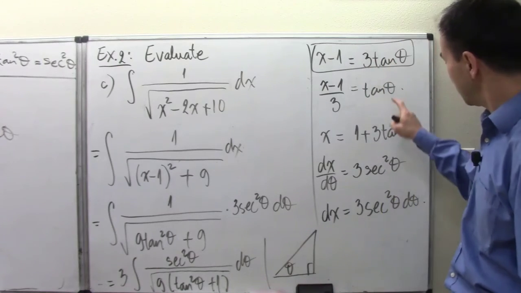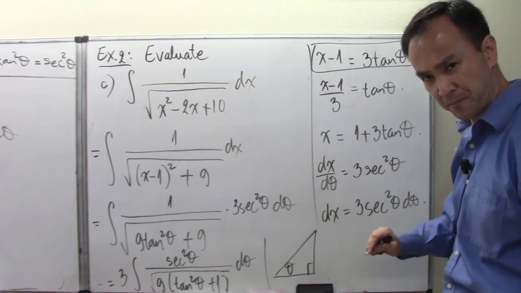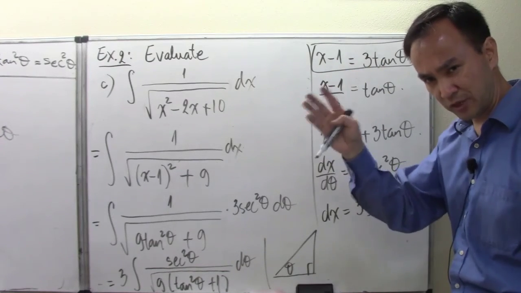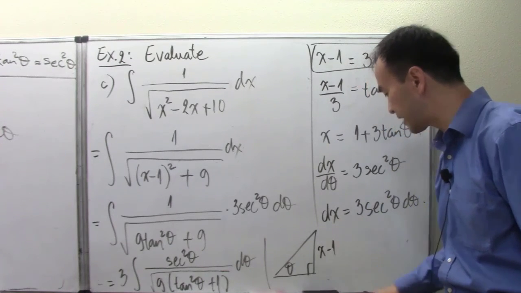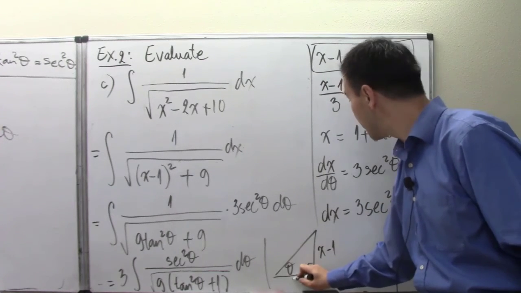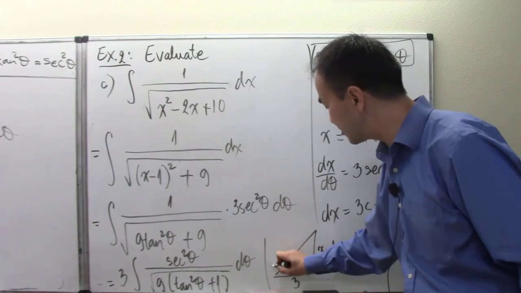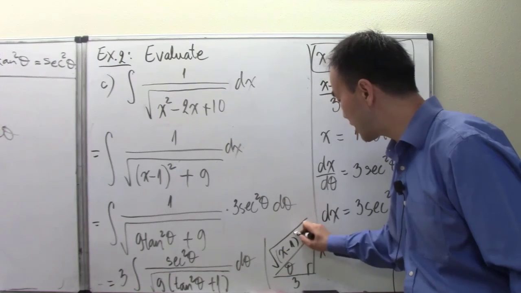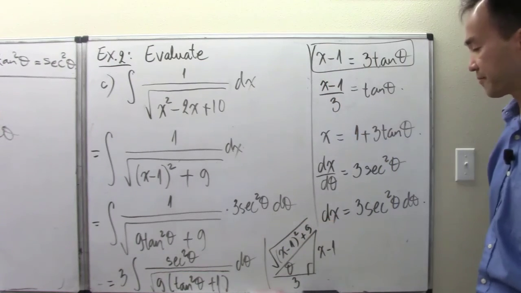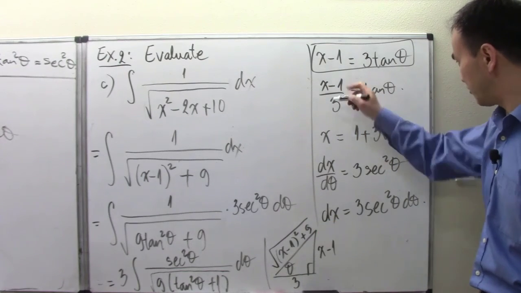So tangent is, this time in this problem, x minus 1 over 3. And tangent is opposite over adjacent. So that means I have to put my x minus 1 here for that length, and 3 is here. But then that means the hypotenuse has to be the square root of (x minus 1) squared plus 9. That's the hypotenuse. So that's how we got tangent.